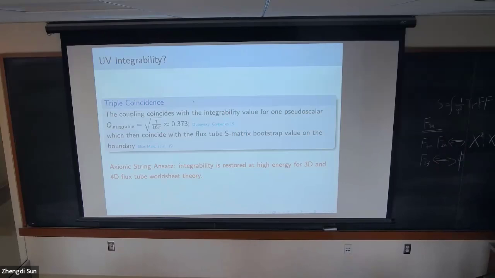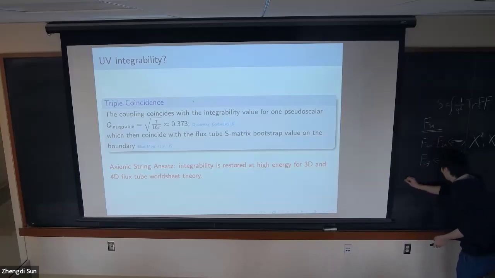Because when you insert operators on the Wilson line, you want to make it gauge invariant. So you're saying this is F of the Wilson line of this thing. Yeah, I mean, when I say this, I'm actually thinking about lots of operators.